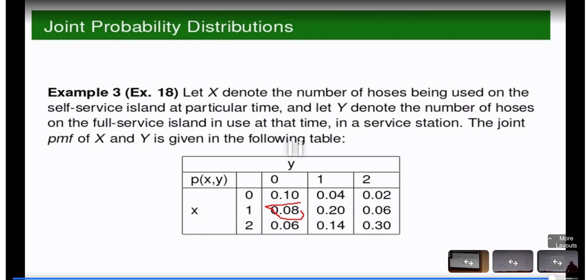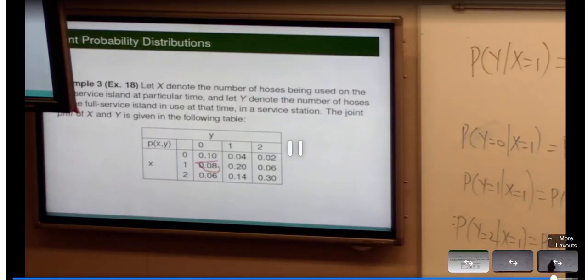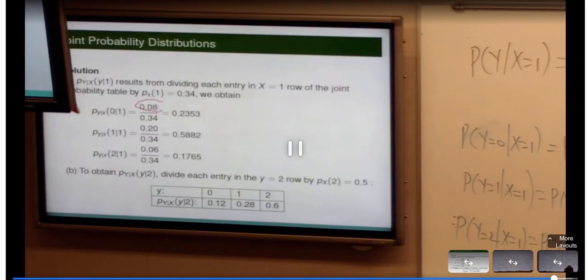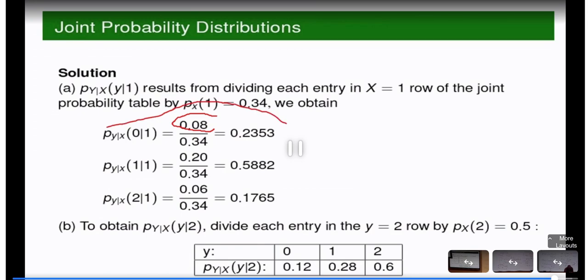The first one is just this divided by the total, the second is this divided by the total, and the third is that divided by the total. And that's exactly what you have here. That is how to find that conditional.